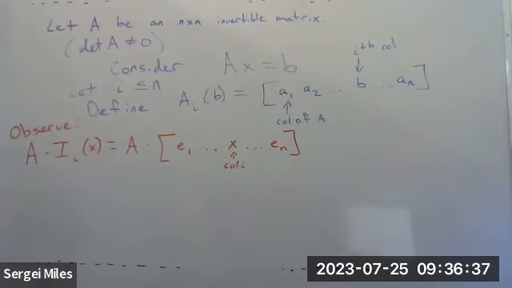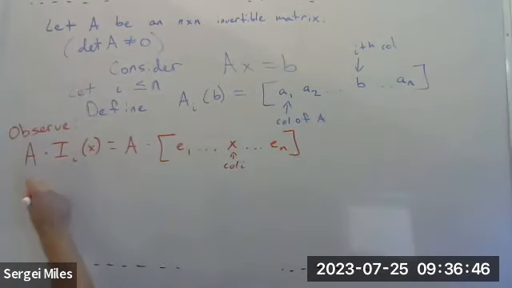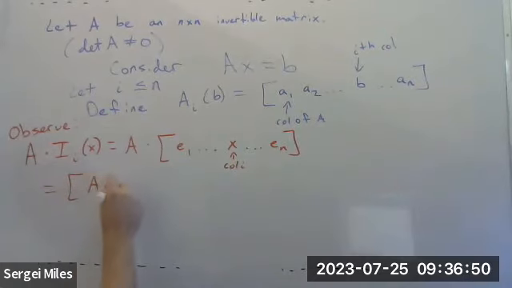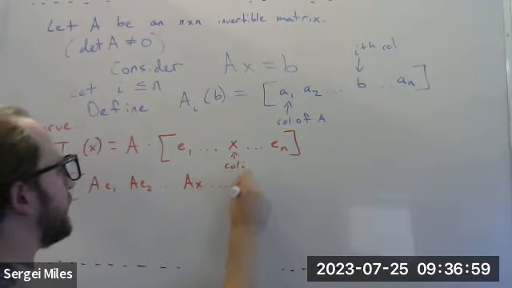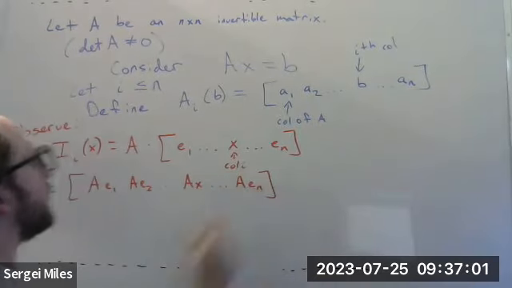Now, we've seen this before, where when you have a matrix times this matrix, we can distribute across the columns. And in fact, we have A times E1, A times E2, dot, dot, dot, A times X, dot, dot, dot, A times EN.